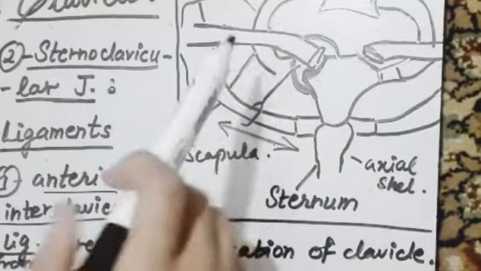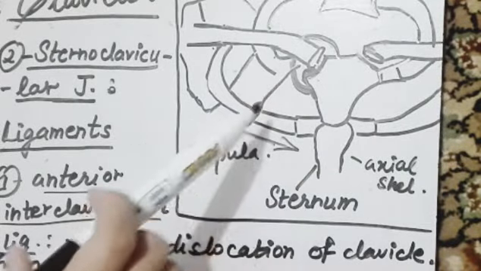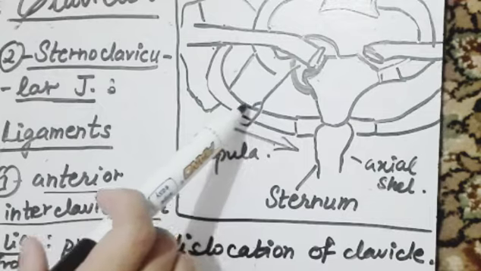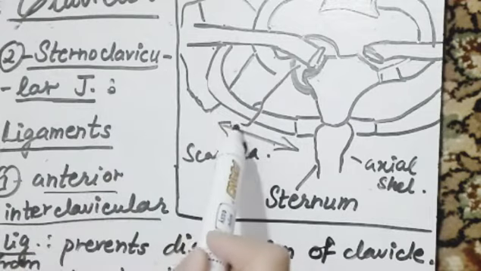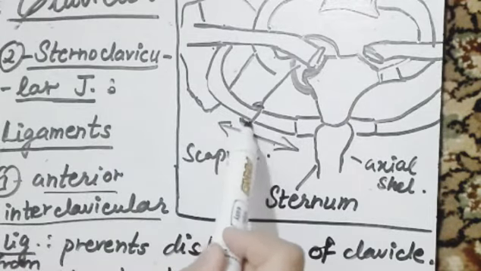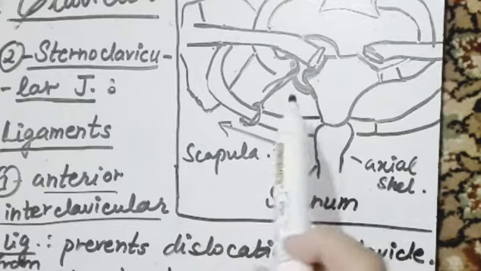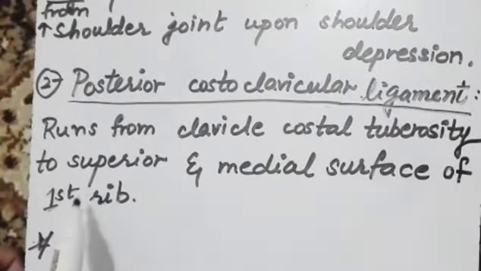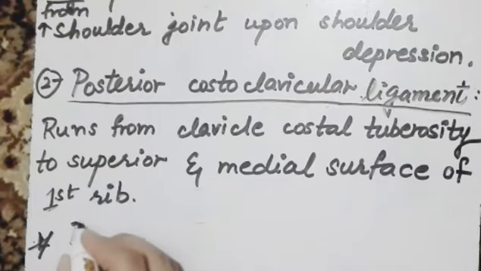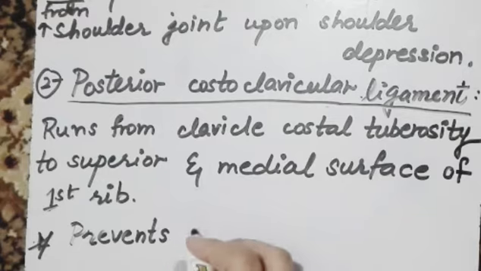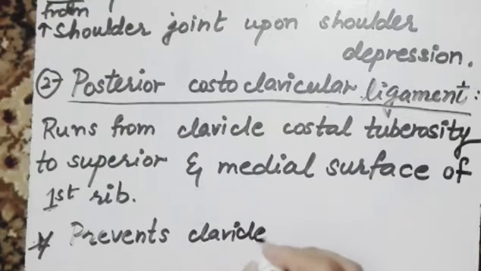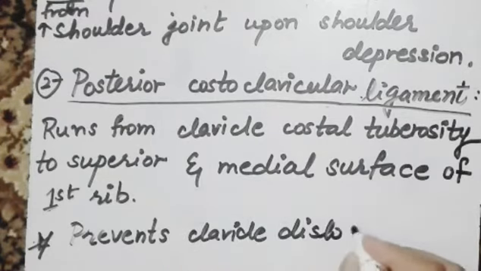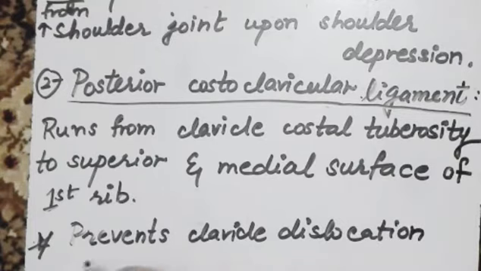Posterior means backside, and it runs from the first rib and from the middle one to the clavicle. We can say the medial surface of the first rib. It prevents clavicle dislocation upon shoulder elevation.